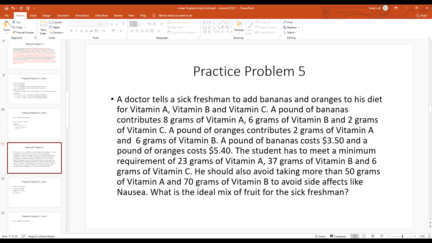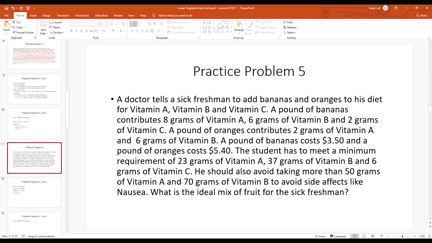The student has to meet a minimum requirement of 23 grams of vitamin A, 37 grams of vitamin B, and 6 grams of vitamin C. He should also avoid taking more than 50 grams of vitamin A and 70 grams of vitamin B to avoid side effects like nausea. What is the ideal mix of fruit for the sick freshman?